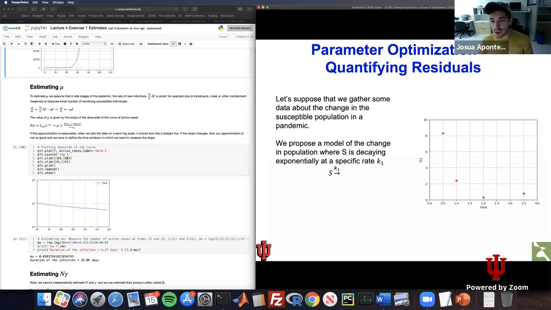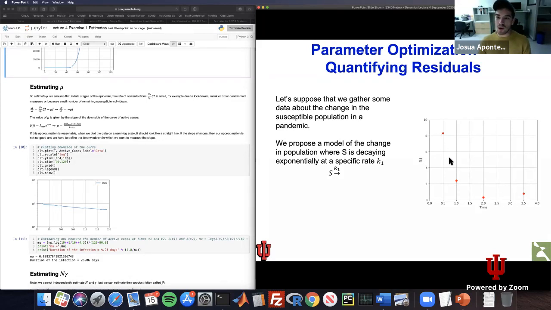The basic idea with fitting is, let's start with the assumption that we have a data set that looks like this. We've collected data in time, and let's say this is the number of susceptible individuals in my population.